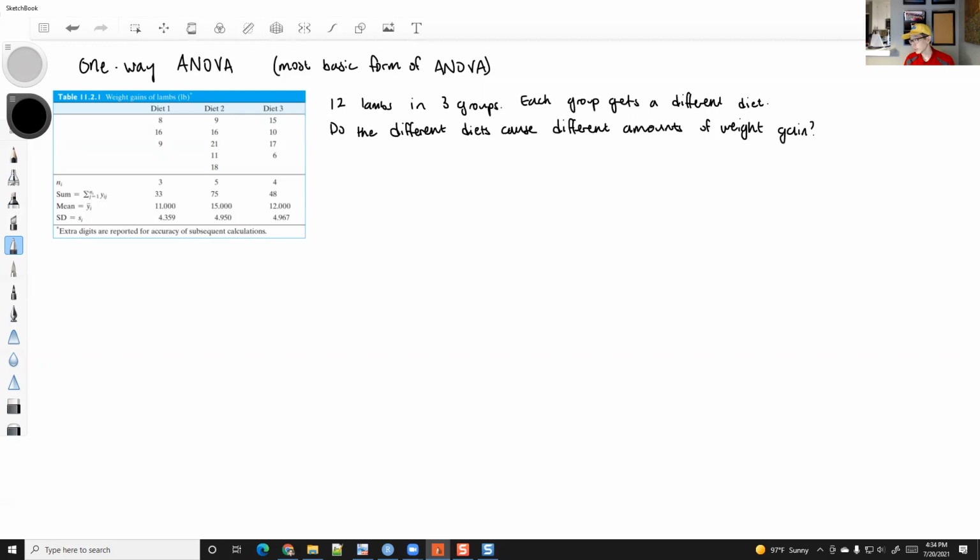Okay, and basically, if you think about what's related to weight gain, there's all sorts of things, right? Whether we're talking about lambs or people or whatever it is. Why are people different? Why is that person taller? There's all sorts of reasons.